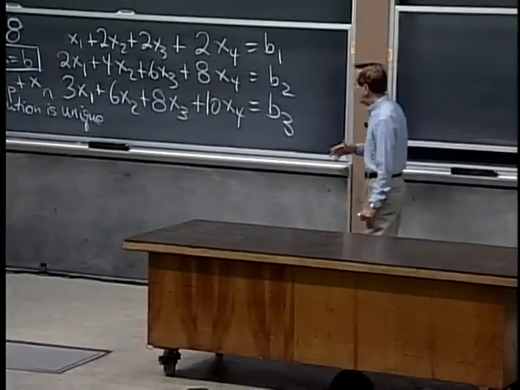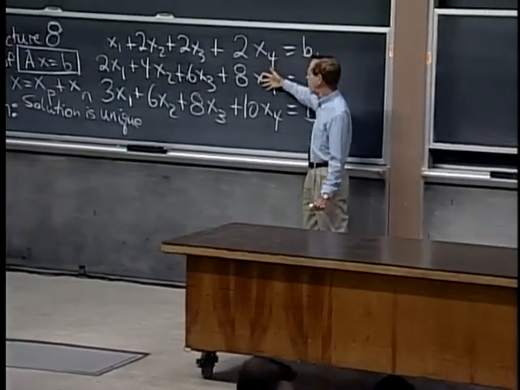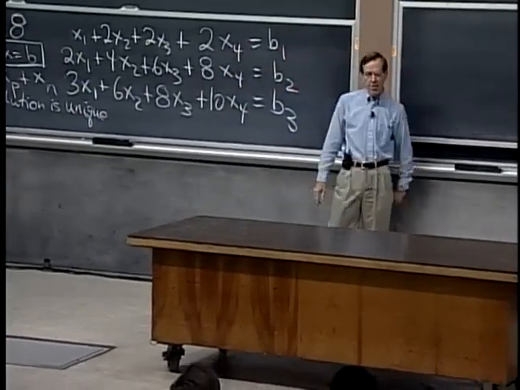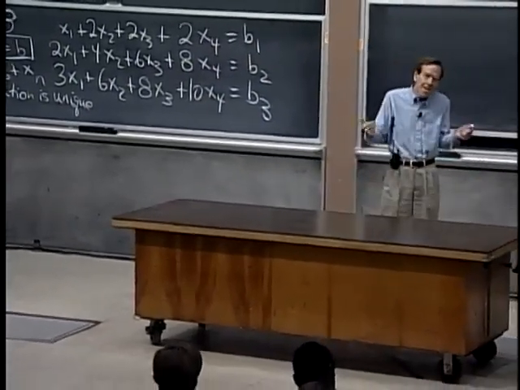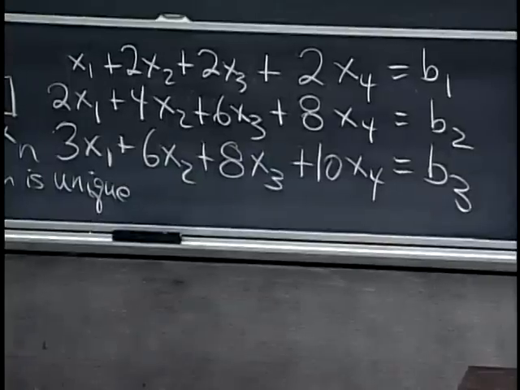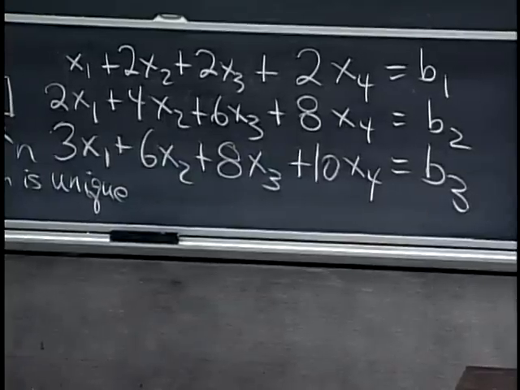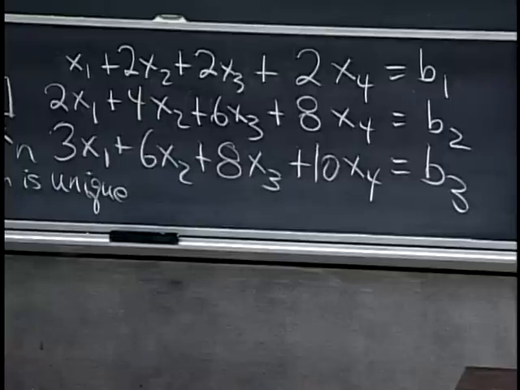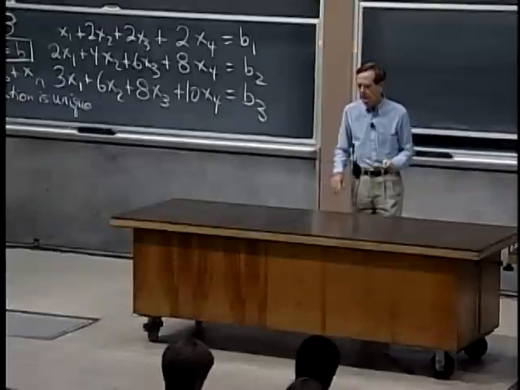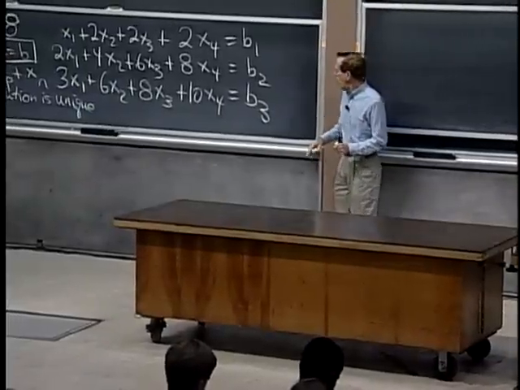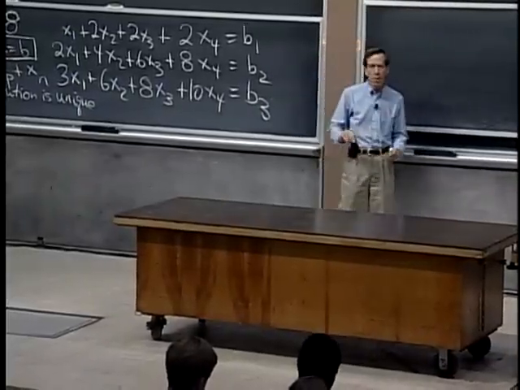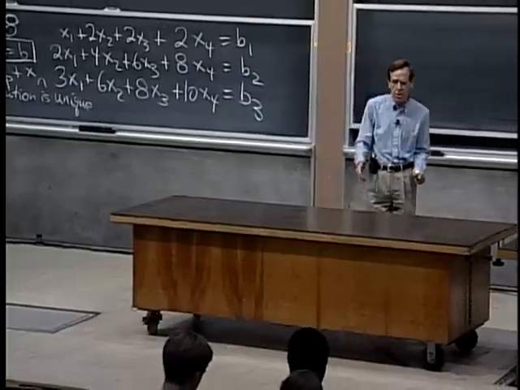In other words, if I add those left-hand sides, I get the third left-hand side. So you can tell me right away what elimination is going to discover about the right-hand sides. There is a condition on b1, b2, and b3 for the system to have a solution.